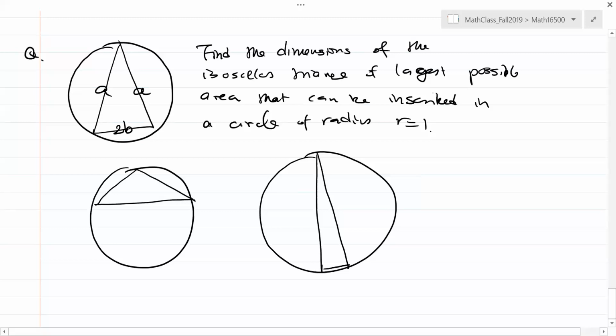The three vertices of the triangle must touch the circle, otherwise it's not maximum, it doesn't have the largest possible area. Step 1, find the relationship between A and B. If you're able to do that, that means your geometry is super good.